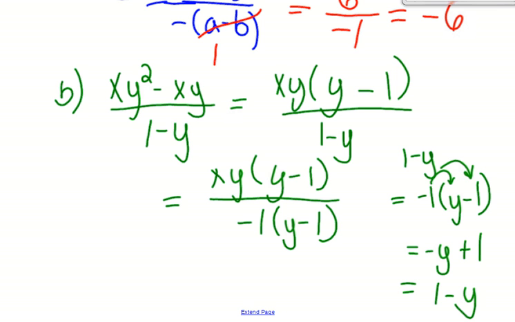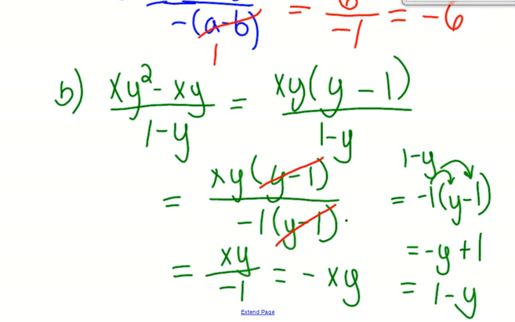So we can replace this 1 minus y with our negative 1 times y minus 1. So now that allows us to cancel our y minus 1s, and we've got xy divided by negative 1. Dividing by negative 1 is equivalent to multiplying by negative 1. So we've got a negative xy.